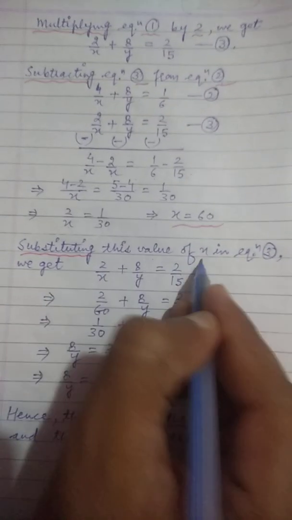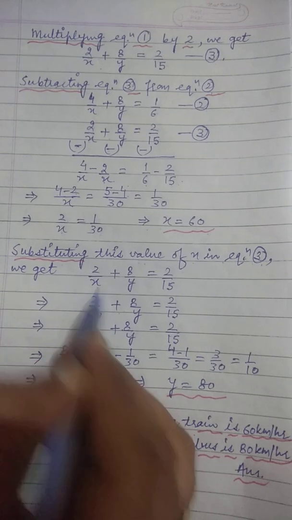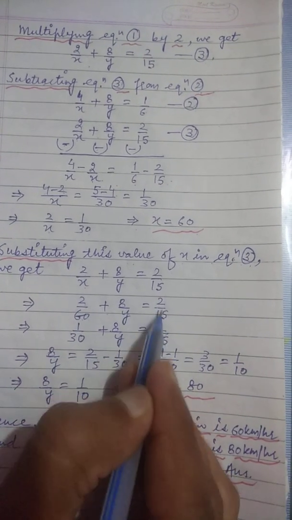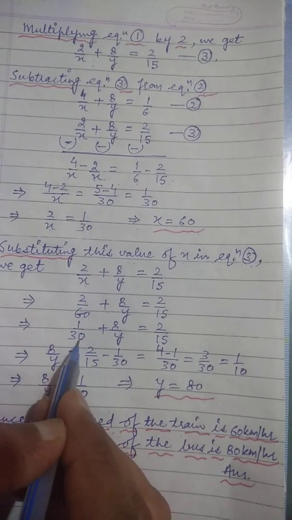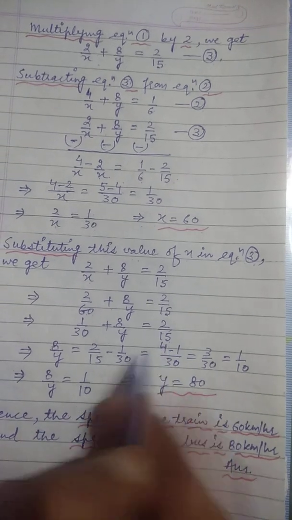Now substituting this value of x in equation 3. In place of x we write 60, so 2 upon 60 plus 8 upon y is equal to 2 upon 15. On solving 2 by 60 we get 1 upon 30 plus 8 upon y is equal to 2 upon 15.